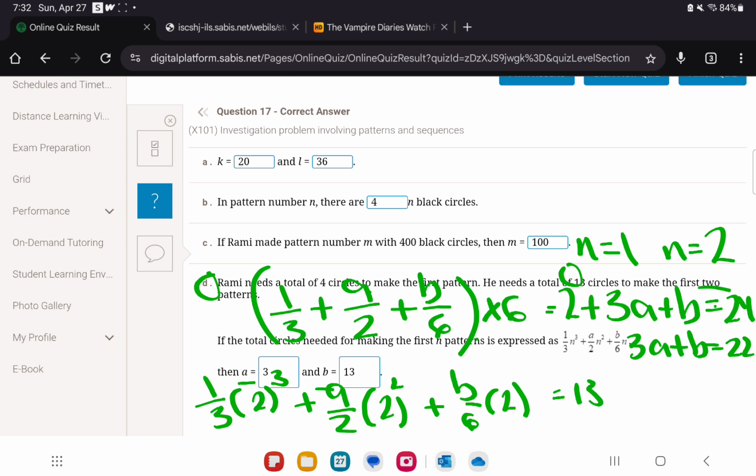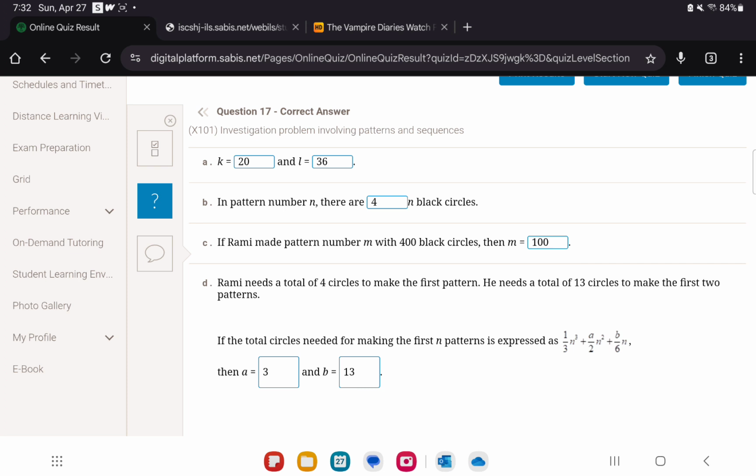So this is equal to 13. So when you simplify all of this and you multiply this side by 3 so you can cancel, you get 8 plus 6a plus b equals 39. So 6a plus b is 31.